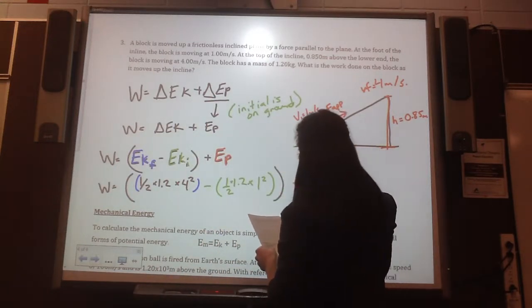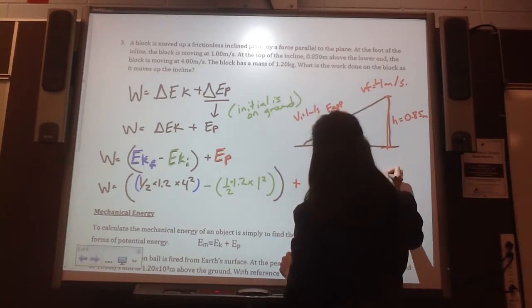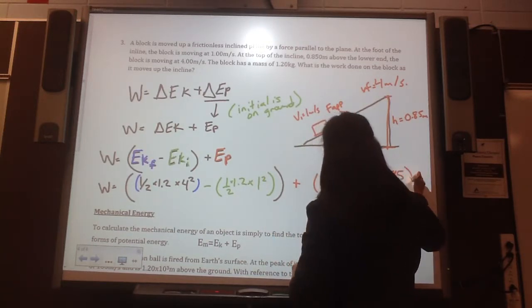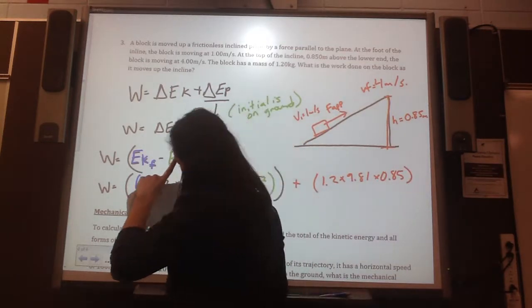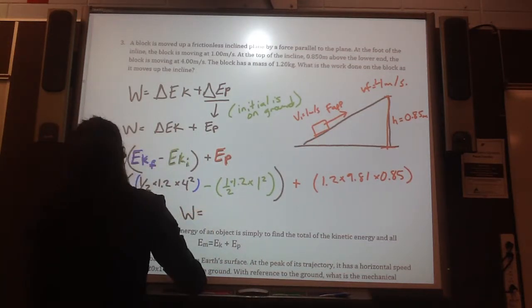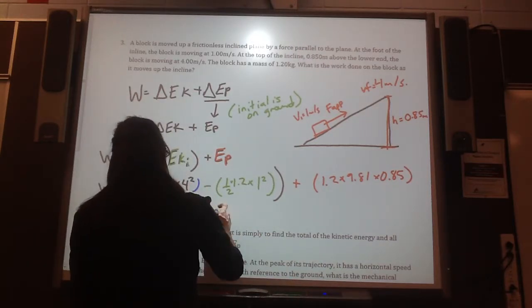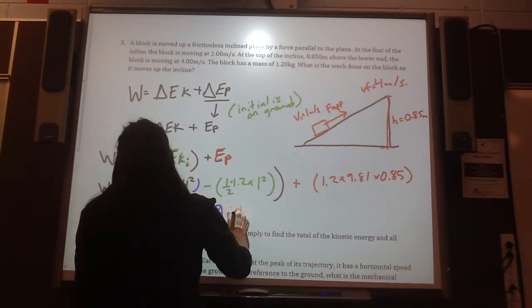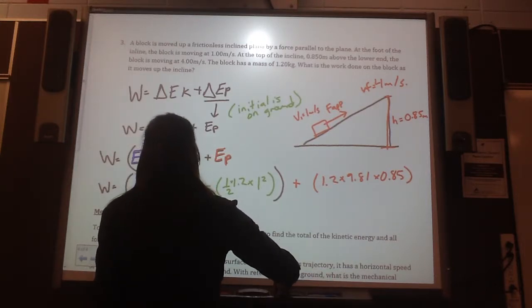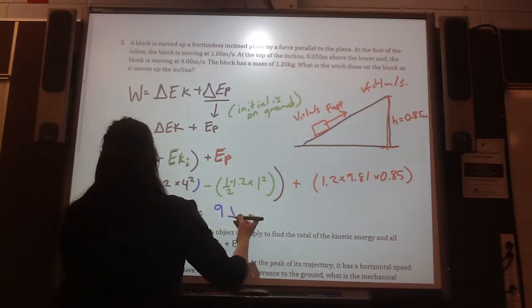All added to 1.2 times 1. So I kind of do these each separately. So the first one is 9 joules. Yeah, all of my delta EK.